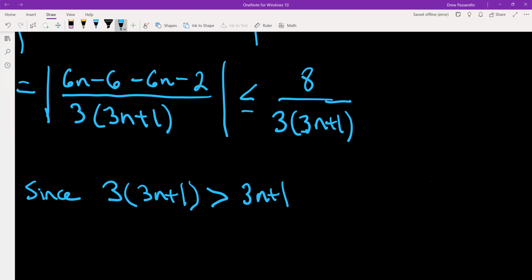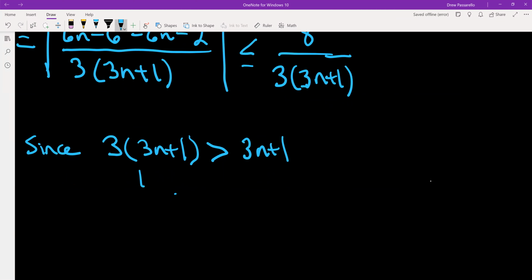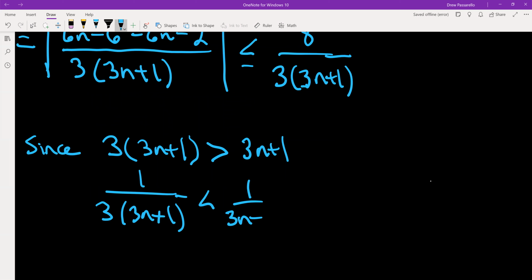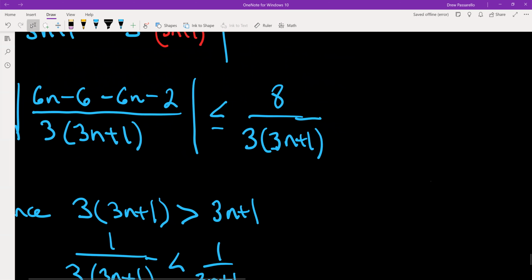So if we take the reciprocal of both sides, that tells us 1 over 3 times (3n plus 1) is less than 1 over (3n plus 1). And so 8 over 3 times (3n plus 1) is less than 8 over just 3n plus 1. Just trying to make it a little bit easier to find the necessary capital N.